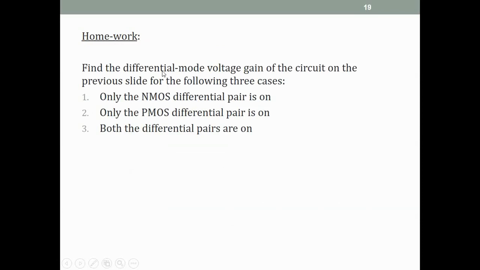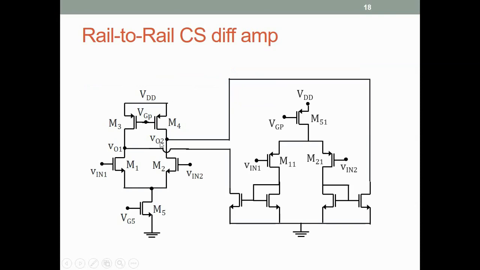Again, as homework, I am asking you to find the differential mode voltage gain of the circuit for three cases: only the NMOS pair on, only the PMOS pair on, and both pairs on. This is actually trivial, but it's a good exercise. If VC, the common mode voltage, is very low, then M1, M2 are off and M11, M21 are on; find the differential voltage gain of the circuit.